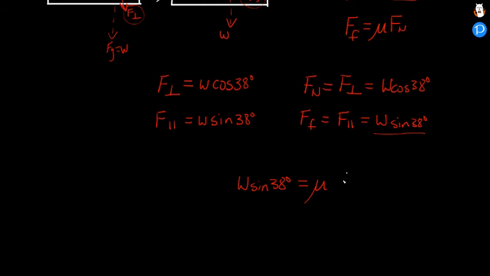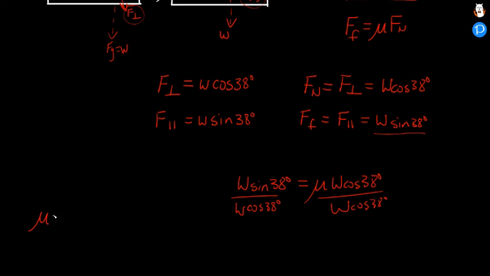For the normal force, it's going to be the weight times the cosine of 38 degrees. So if I'm going to figure out mu, this coefficient of friction, what I have to do is just divide these out. So I'm going to divide by W cosine 38 degrees on each side. Whoops, cosine, not sine. Cosine of 38 degrees.